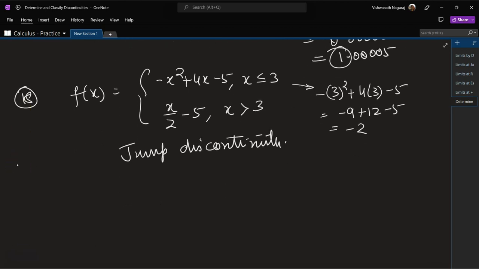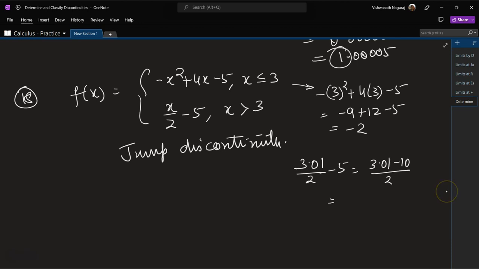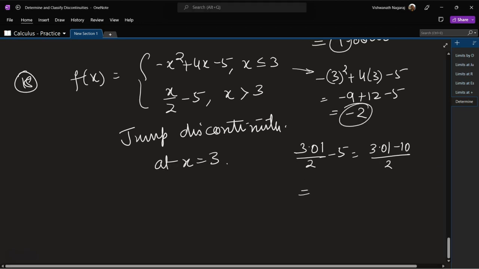Whereas here what happens? It can't be 3, so it has to be slightly greater than 3. So let's take it as 3.01 by 2 minus 5. What does it give us? (3.01 minus 10) by 2, which gives us minus 6.99 by 2, which gives us minus 3.495, and we don't have to proceed further also, na?